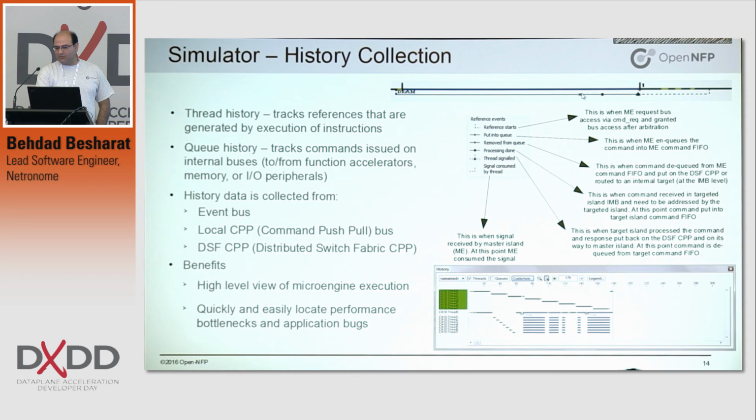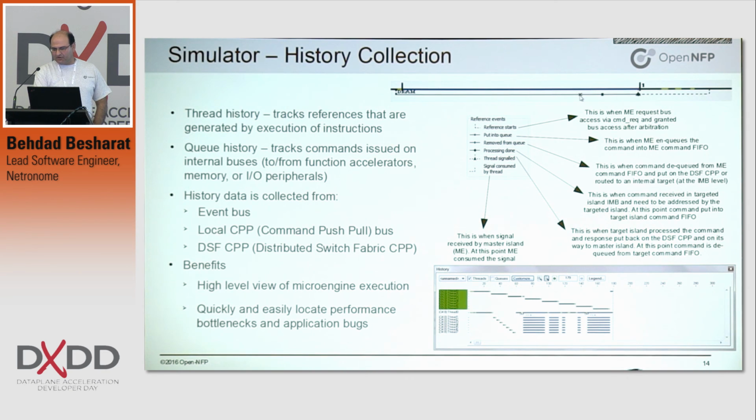This part here is when the microengine actually gets the bus and enqueues the command to its command FIFO. The microengine can issue multiple commands in different instructions, and it doesn't have to wait because it uses the queue to queue this command, and depending on the block or the component within the chip, there is a different depth to this queue.